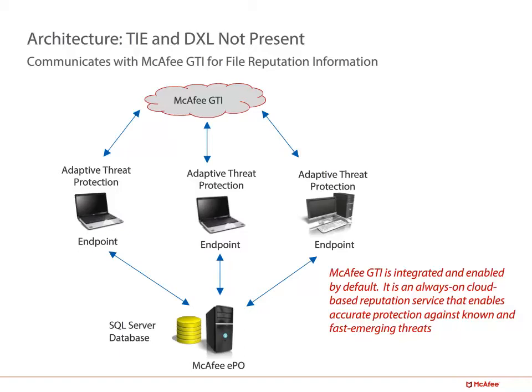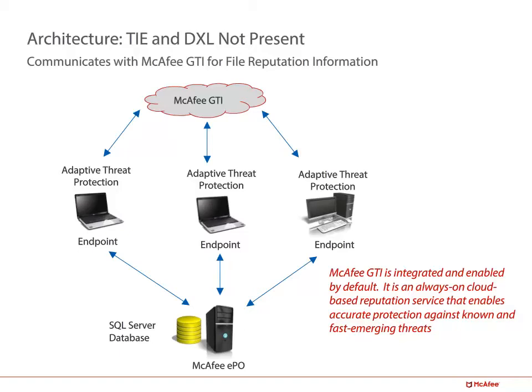This is an always-on, cloud-based threat intelligence service that enables accurate protection against known and fast-emerging threats by providing threat determination and contextual reputation metrics. McAfee GTI integrates directly with our security products and instantly protects against emerging threats to reduce operational effort and time between detection and containment.